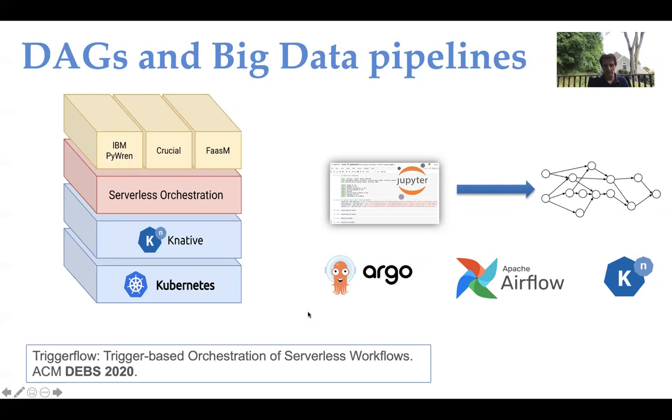You will see in the use cases that we are already experimenting with serverless orchestration technologies like Argo and Airflow that are going to be integrated in this whole big picture. IBM also did nice work transparently moving notebooks to directed acyclic graphs in a semi-transparent way, to simplify how we transition to these workflows in the cloud.